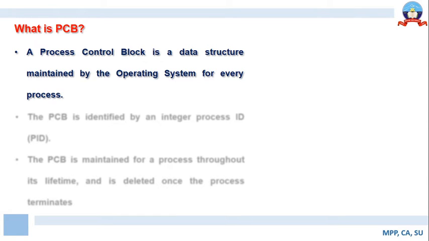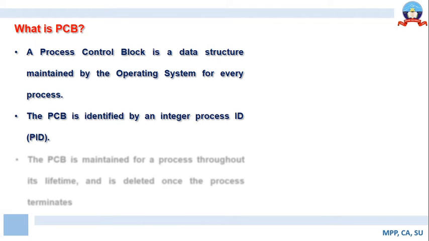A process control block is a data structure that is maintained by the operating system with each and every process, and it stores the process state information. A process control block is a data structure associated with a process by the operating system that keeps track of all the process states.